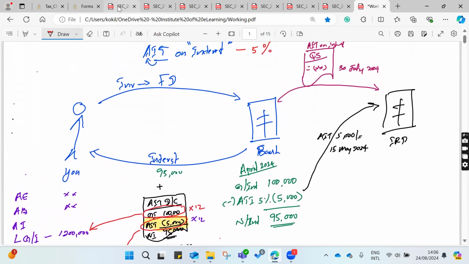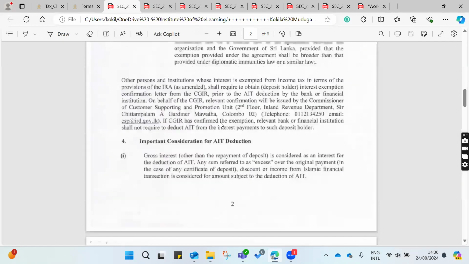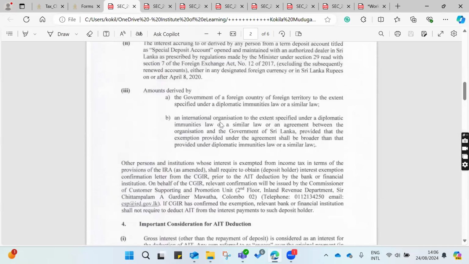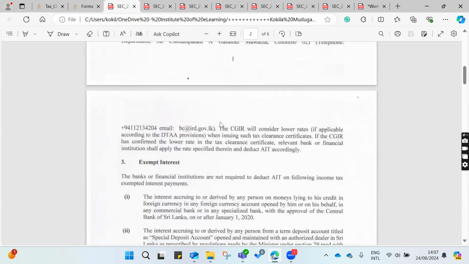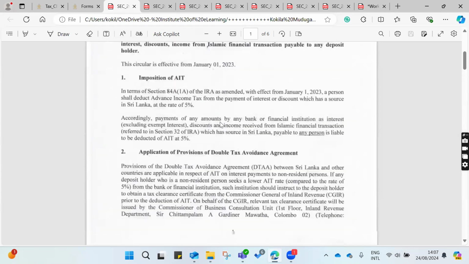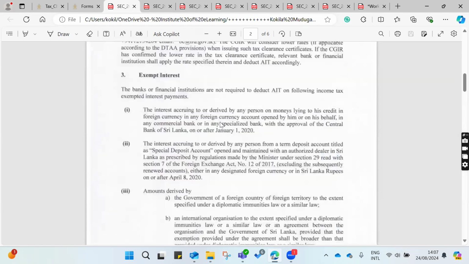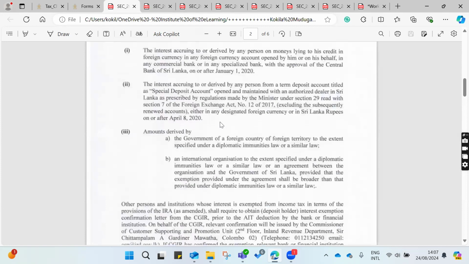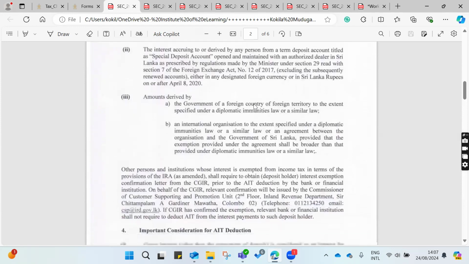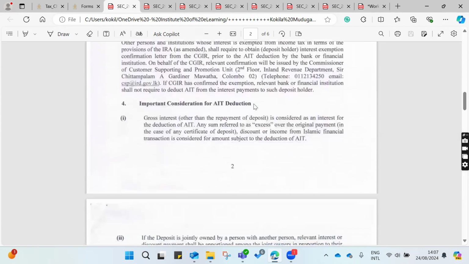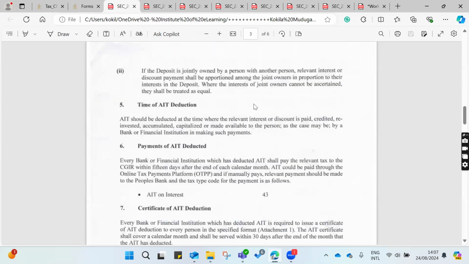And also, if you look at this circular, you can see some exemptions are there. I'm not going to discuss all of these. Interest accruing to or derived by any person on money lent on credit in foreign currency is exempt, and there are a lot of exemptions on that.